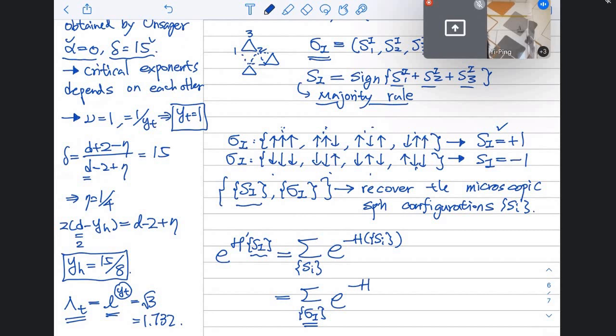In principle, our Hamiltonian can be expressed exactly using these new sets of variables, right? As I already tried to convince you, for each microscopic configuration, I can always use the block spin S_i and the configuration within each block, the sigma_i, to label this microscopic configuration.